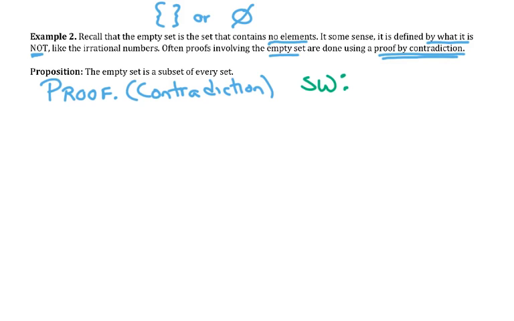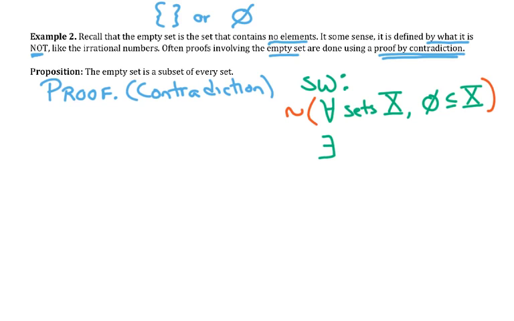That says for all sets X, the empty set is a subset of X. So if I negate this, I am saying there exists a set X such that the empty set is not a subset of that set.